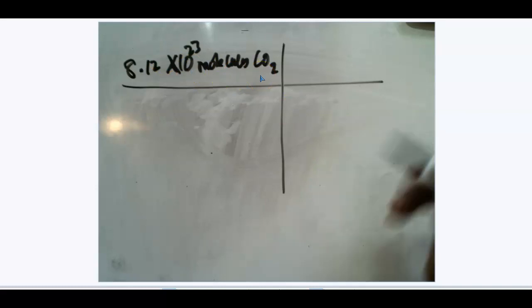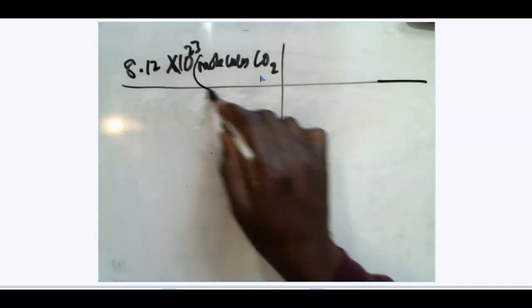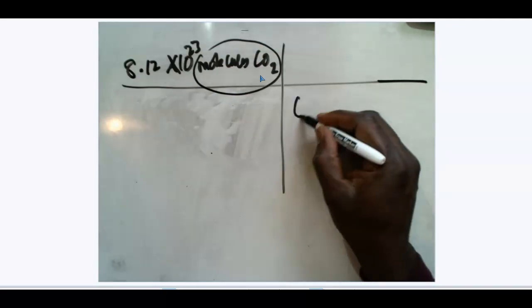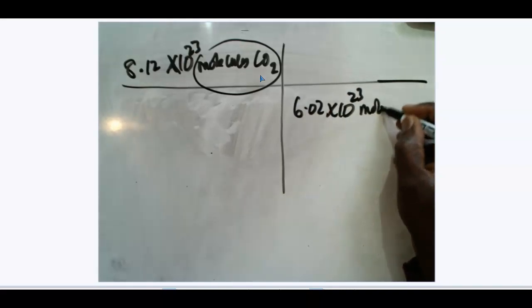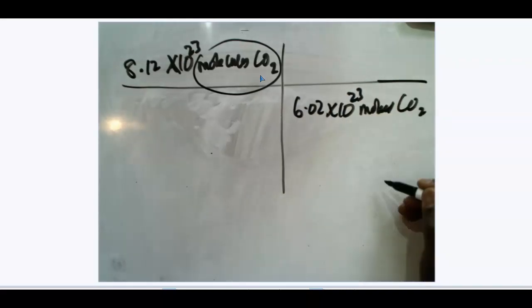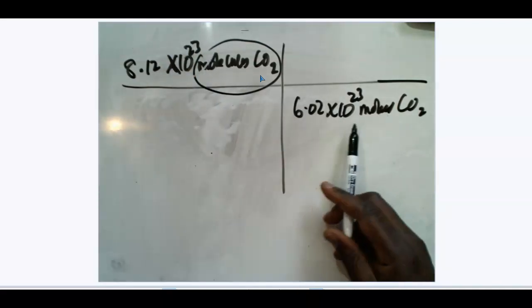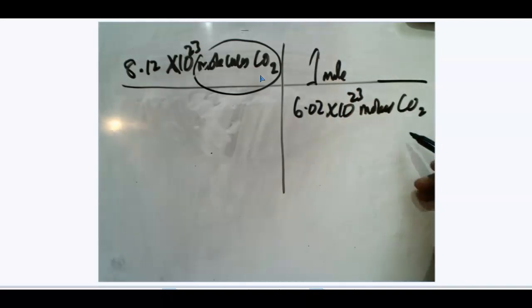Once you have something like this, what comes to your mind? Molecules of CO2. So 6.02 times 10 to the 23rd molecules of CO2 should come to your mind. Once you see anything like this, you know you are going to use Avogadro's number, and this is 1 mole of carbon dioxide.